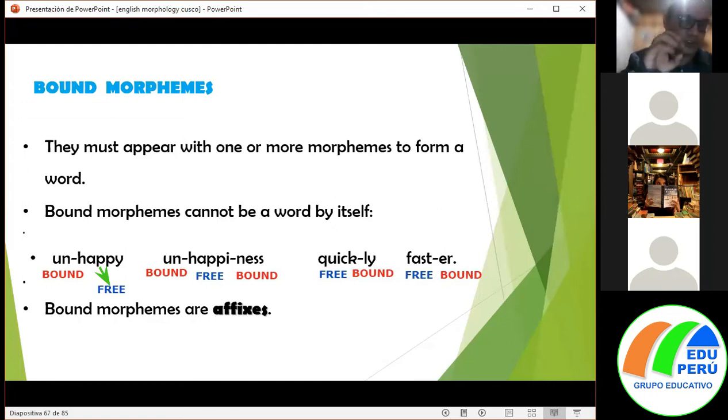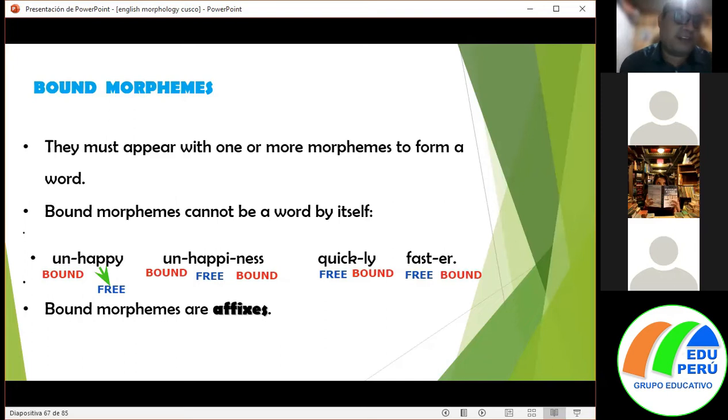They are roots of words, but they are not so common. They're just a few. But most of the time, the bound morphemes are affixes, prefixes, suffixes.